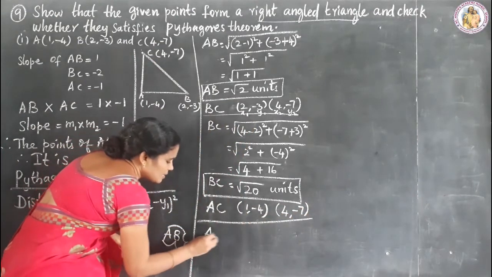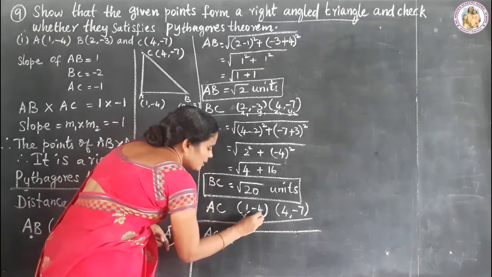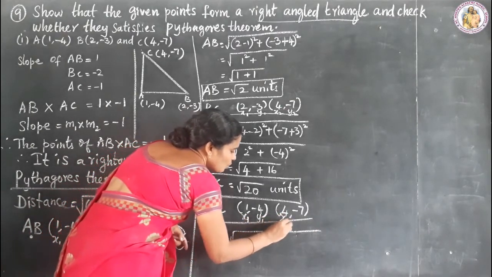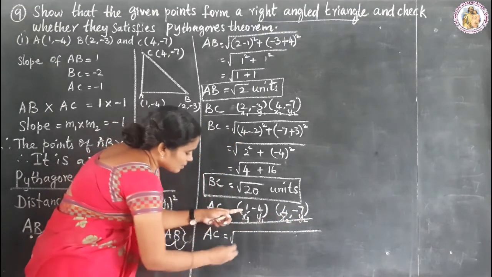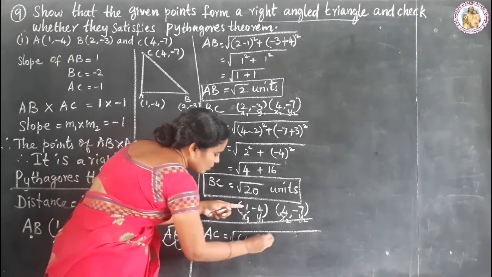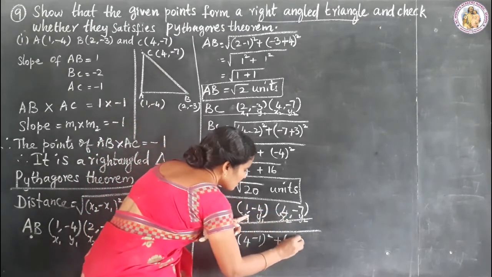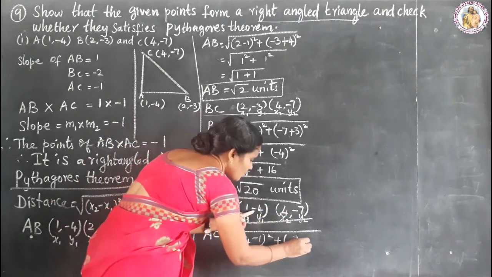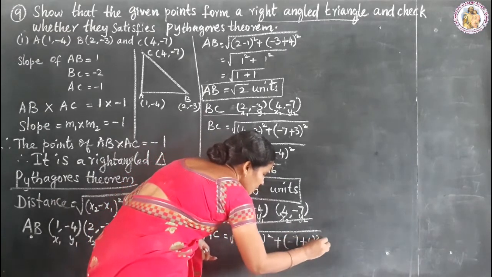Okay, AC is equal to the distance formula with x1, y1, x2, y2. Now x2 minus x1: 4 minus 1, whole square, plus y2 minus y1: minus 7 minus 4. Minus 4 here becomes plus 4.